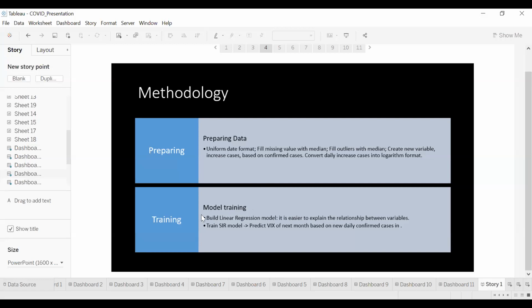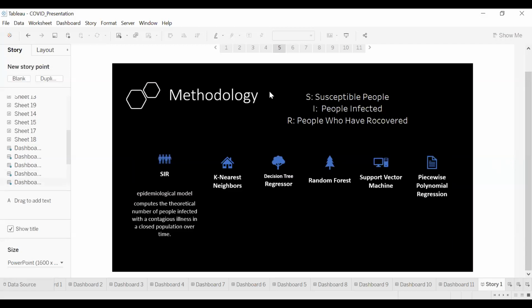And then is the model training, and I did linear regression first because it's easier to explain the relationship between variables. And then I used the SIR model to predict the new confirmed cases, and then used the result to forecast the variation of VIX. So specifically, I will explain what the SIR model is.